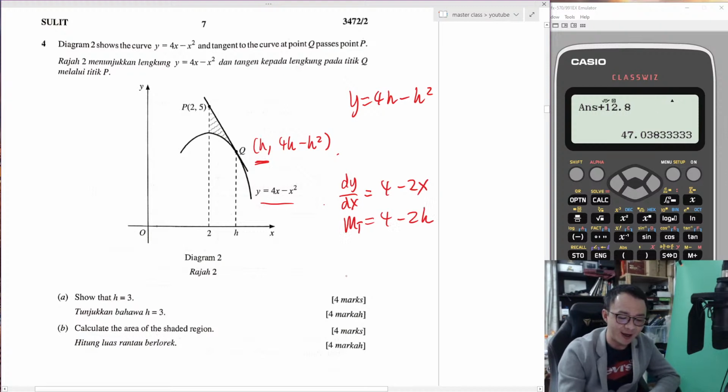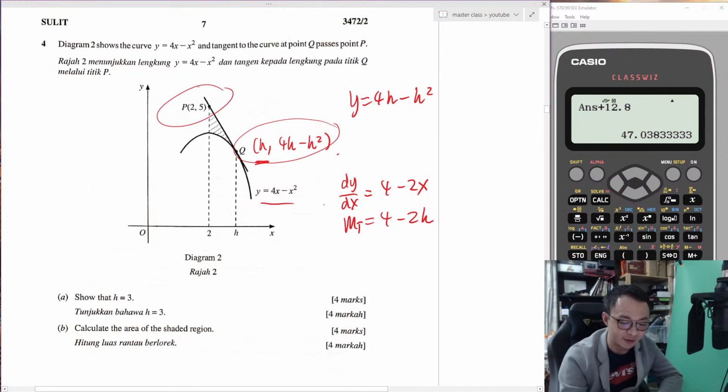Alright, then I have two coordinates here. I can find their gradient also. So it will be y minus y over x minus x, so x will be h, and this equals 4 minus 2h.